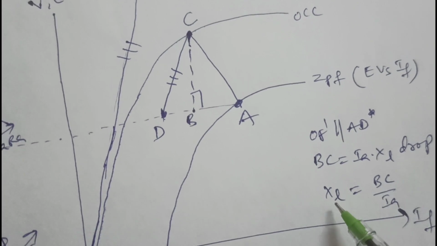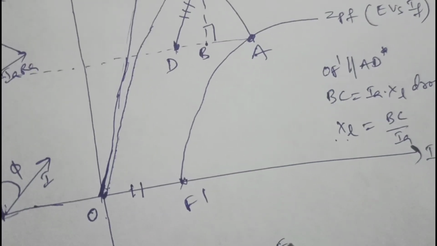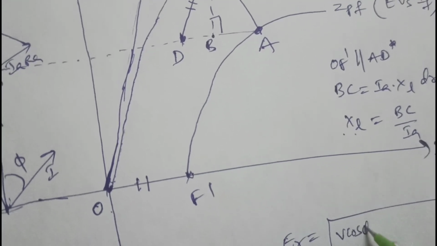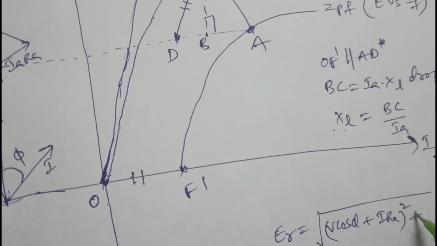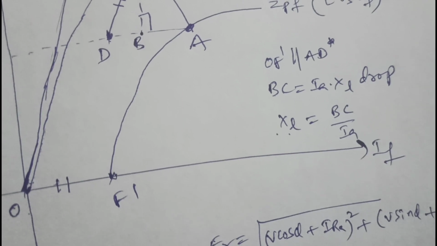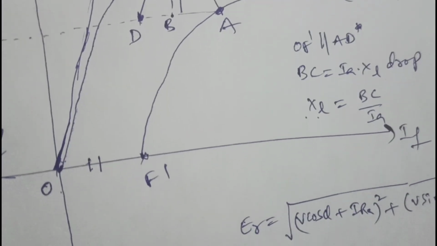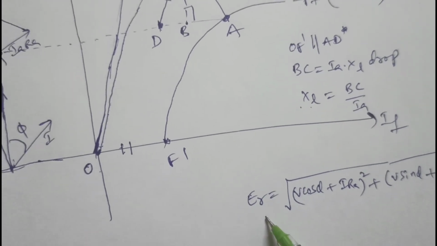Then you simply find the leakage reactance. After that, to find ER: ER is equal to the square root of (V cos phi plus I RA) whole square plus (V sin phi plus I XL) whole square. From this formula we find ER, the resultant EMF.